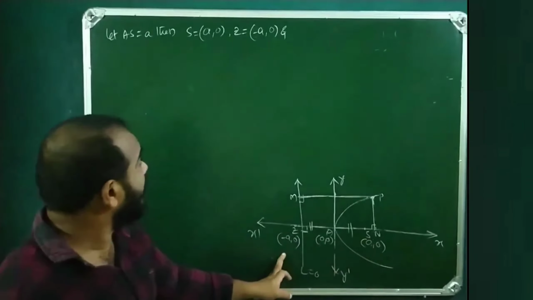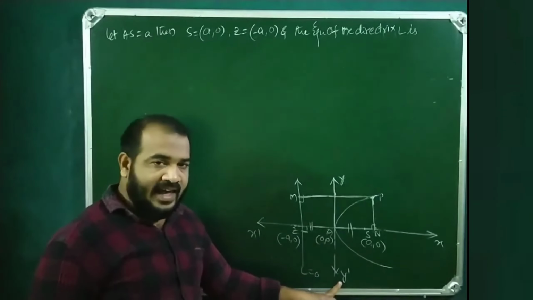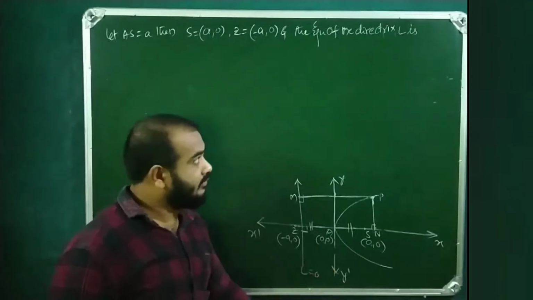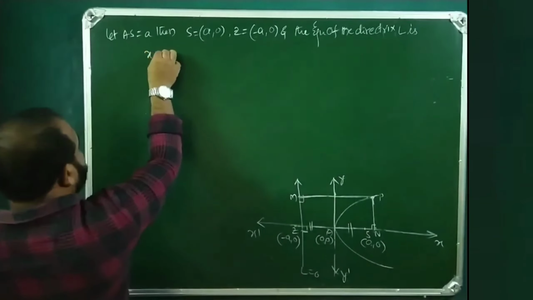And the equation of the directrix L is, so equation of the directrix is this, and this is the line which is parallel to y-axis. Any line which is parallel to y-axis is of the form x equals to k. So L is x equals to k.